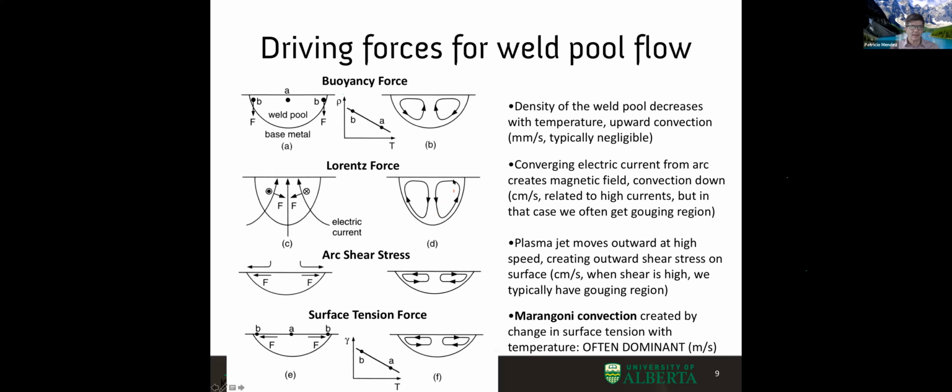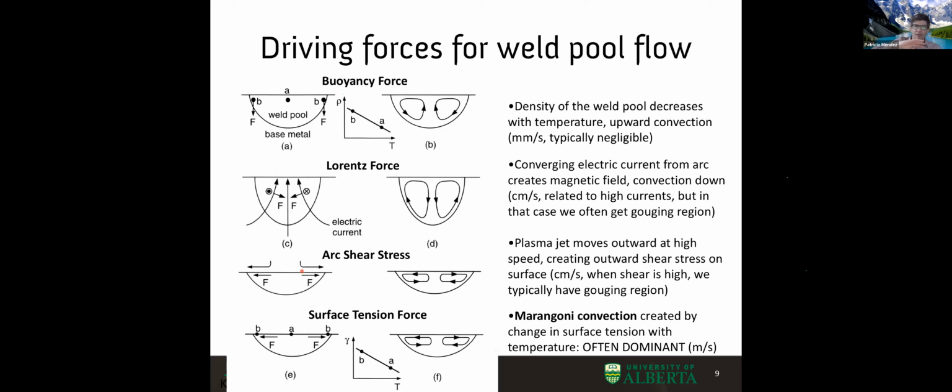Another force that can drive the molten metal is if you have the gas that moves on the surface of a liquid. So because of viscosity, that gas drags the surface, right? This is the way in which the wind causes currents inside the lake, for example.